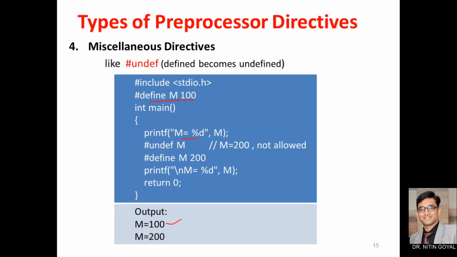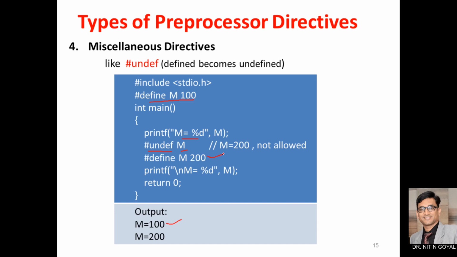Now #undef m is written. That is the syntax: #undef, then the identifier that is to be undefined. So m is undefined. Now the value of m is undefined, meaning m does not have the value 100 now. Further, in the next line, it is again defined with the new value 200.